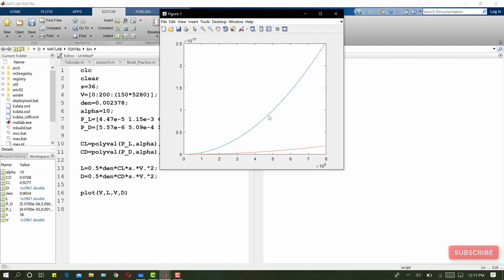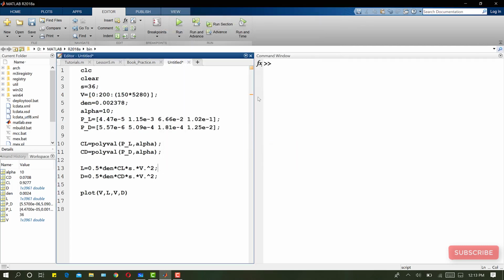the blue one is lift versus velocity, and the red one is the drag versus velocity. So let me write the labels as well. And let me increase the line width in the graph this time. So how to do it?